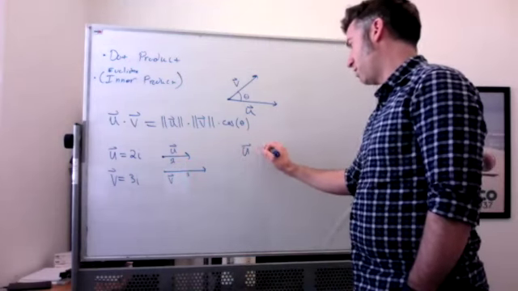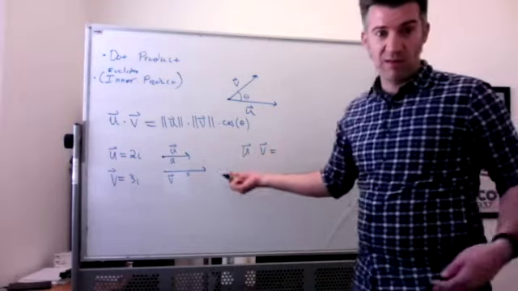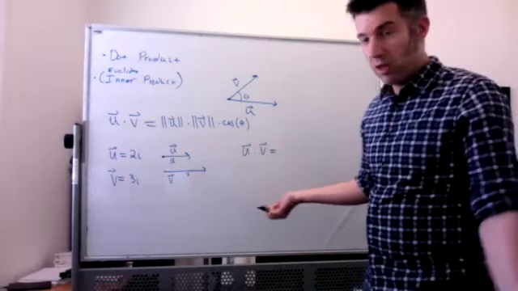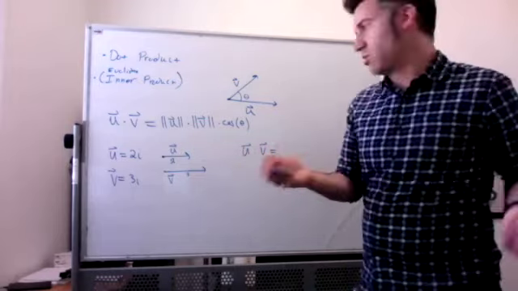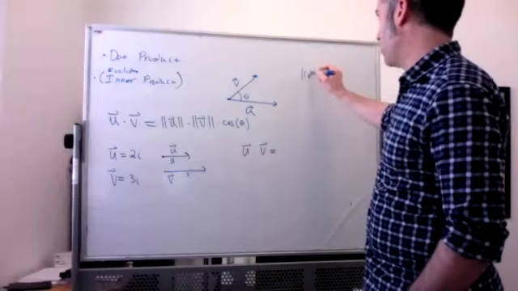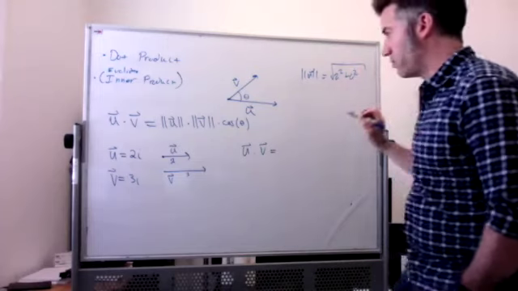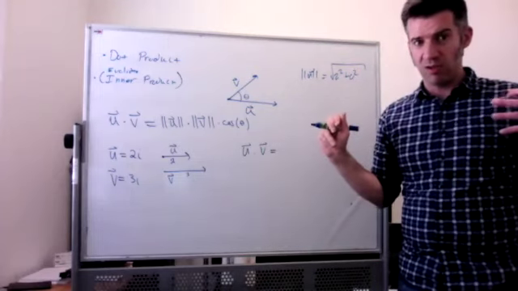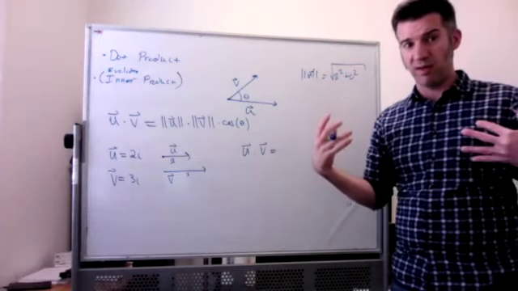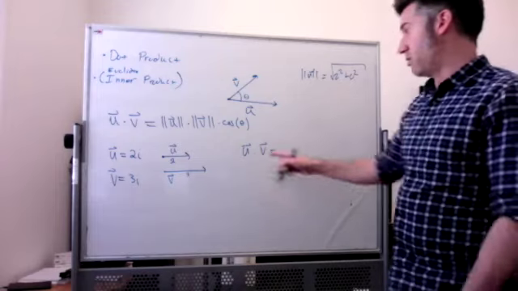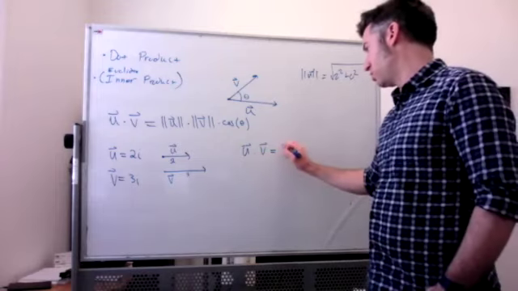This is just 3 in the x direction. So u dotted with v, the magnitude of u is just 2. And you can also calculate it, right? The magnitude of u is the square root of 2 squared plus 0 squared. If a vector only has one component, the absolute value of that component is just the magnitude. So the magnitude of u is 2.